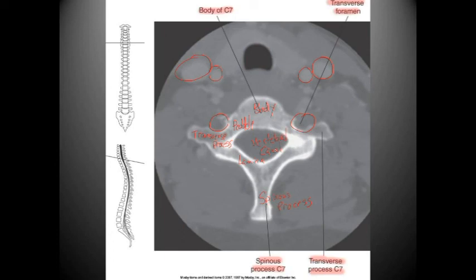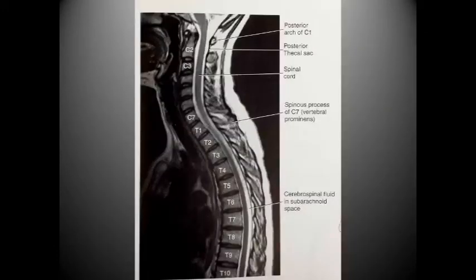And I believe that is pretty much all the relevant structures on this image, as well as most of the thoracic spine. One thing to take notice of here is the spinal cord. We see it descending. And additionally, surrounding the spinal cord, we have meninges as well as cerebrospinal fluid.